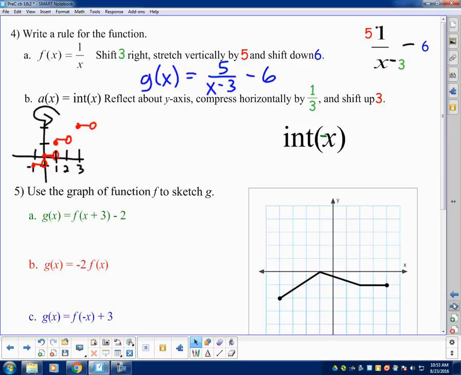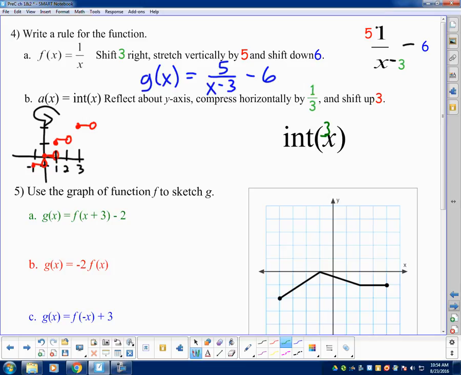All right, so we're plugging in a -3 here. So it looks like this. C would have to be 3 for you to have a horizontal compression of 1/3.